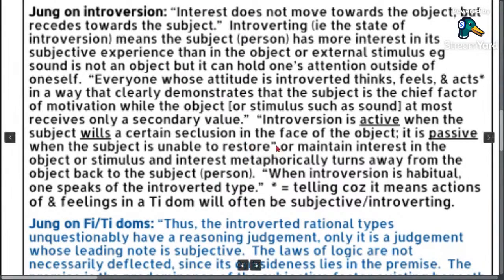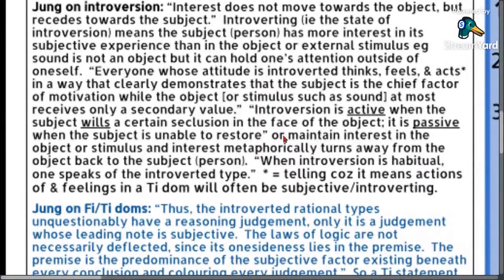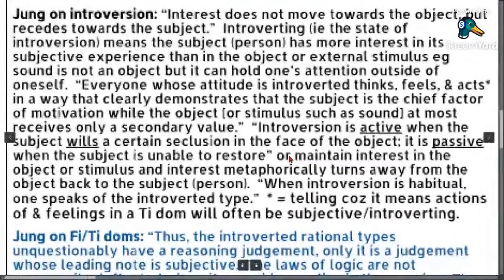Right. And then this is, I cleaned up this definition of introverting to make it more understandable. This is Jung in Psychological Types, chapter 11. Interest does not move towards the object, but recedes towards the subject.